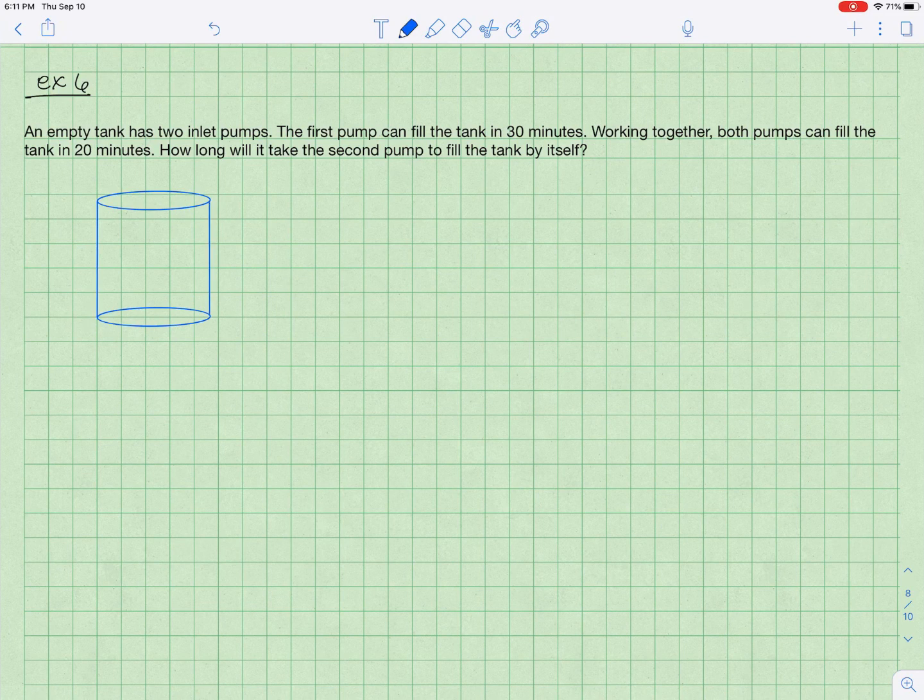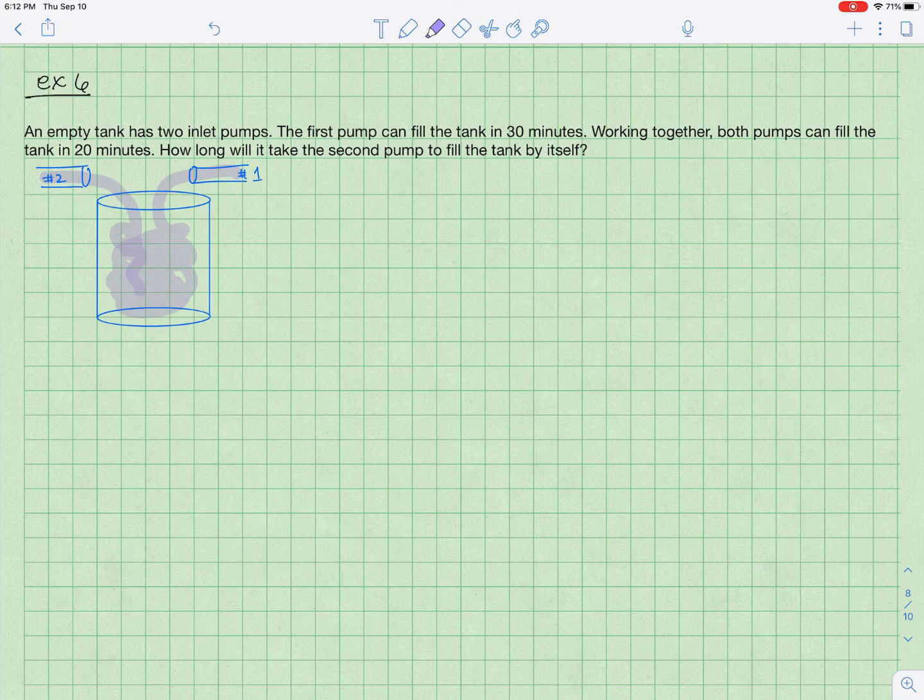And we have pump number 1 and pump number 2, and they're both dumping chemicals into our tank.